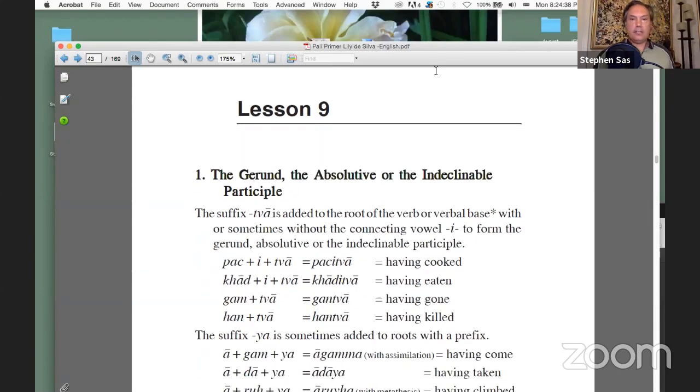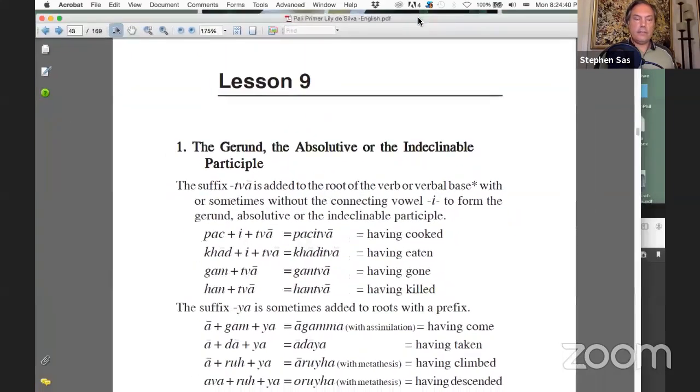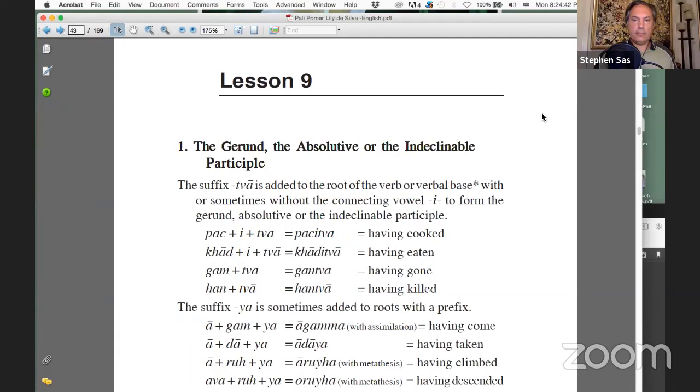And this new material is the absolutive form of the verb, which we have been talking a bit about already. And maybe I'll just quickly review once more. So the absolutive is a form of the verb which is also known as the indeclinable participle.